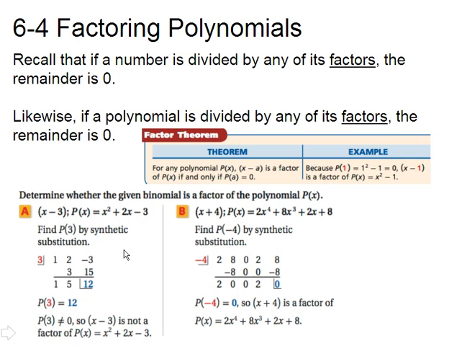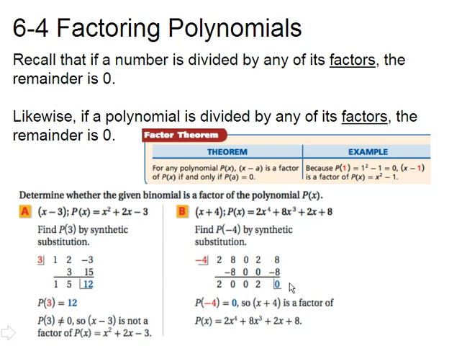Basically what you're looking at here is taking, in this example, x minus 3, and taking the opposite of that number, 3, and then using synthetic substitution or synthetic division. And if your remainder is 0, then it is a factor. Like this example B, the remainder is 0.